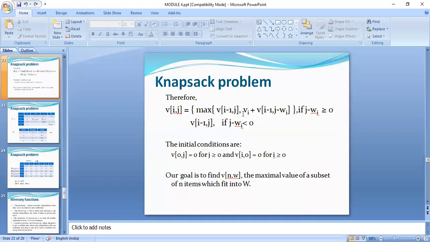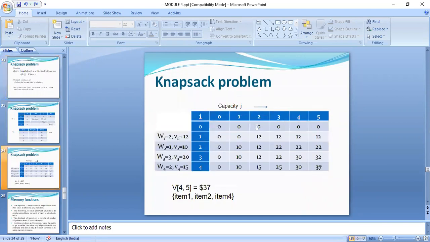If your j minus wi is less than 0, for example, if you are in 2 comma 3, i is 2, j is 3, and you see what is the corresponding weight for that particular item, the second item, and based on that you will be seeing what is the remaining value. If the remaining value is less than 0, you fill it with the previous value. If it is greater than or equal to 0, you have to calculate it.